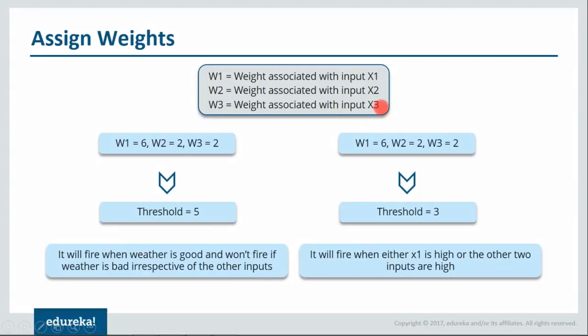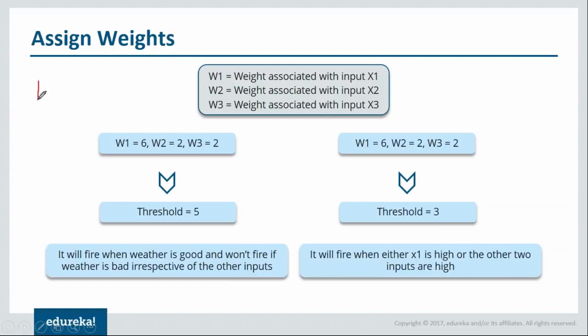As I've told you earlier, weather is a very important factor, so I'll assign it a pretty high weight and keep it as 6. Similarly, W2 and W3 are not that important, so I'll keep them as 2 and 2. After that, I've defined a threshold value as 5, which means that when the weighted sum of my inputs is greater than 5, only then will my neuron fire, or only then will I go to the beer festival. Alright, so I'll use my pen and we'll see what happens when weather is good.